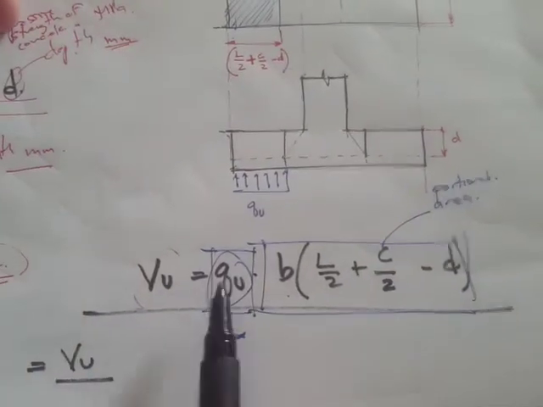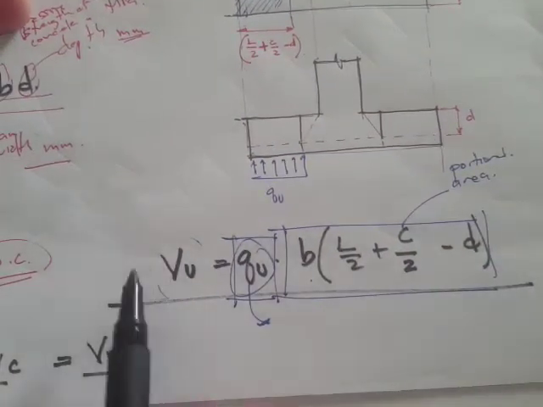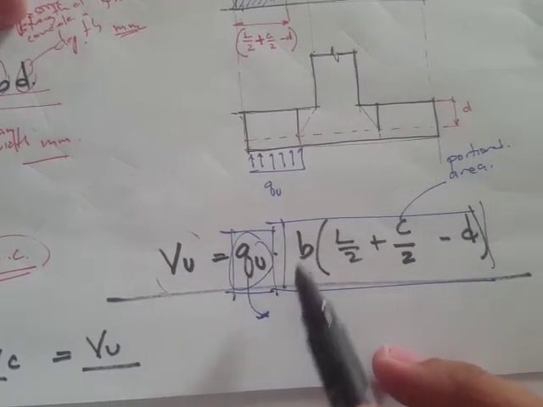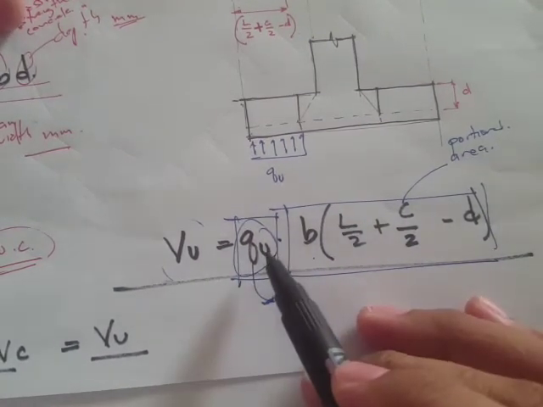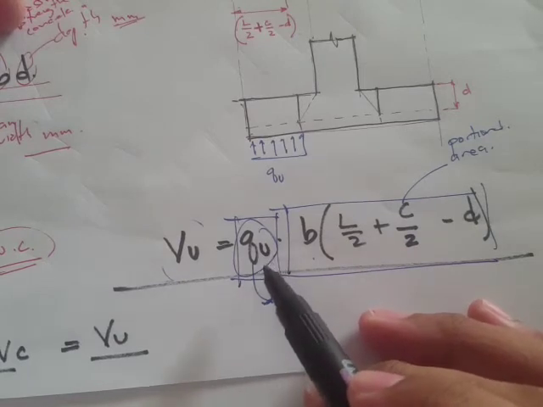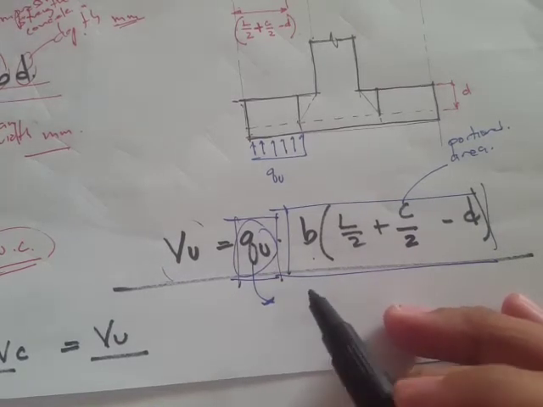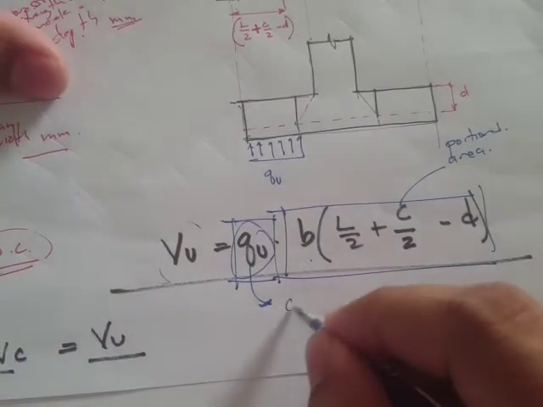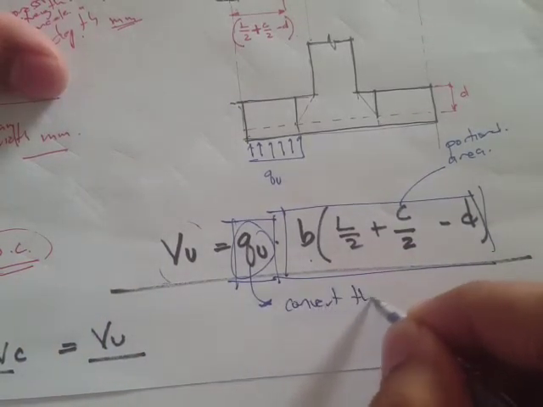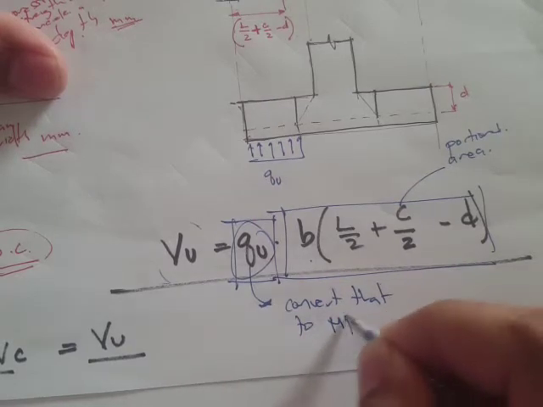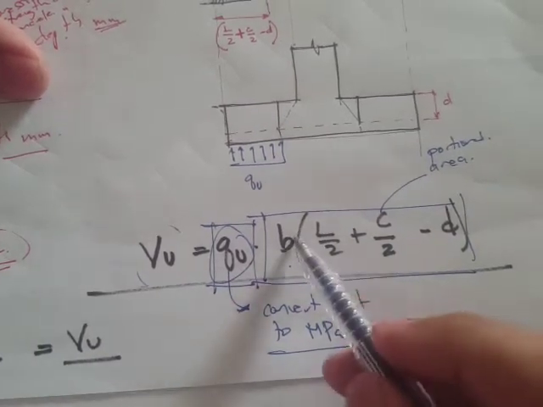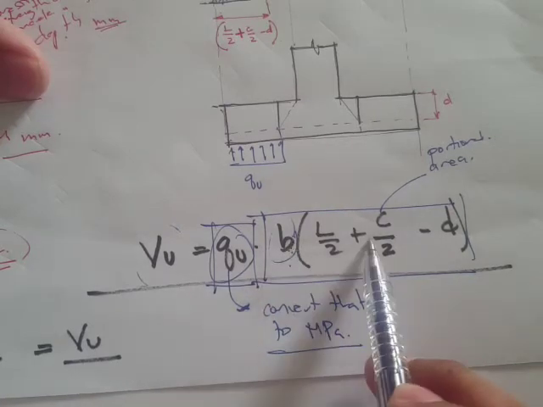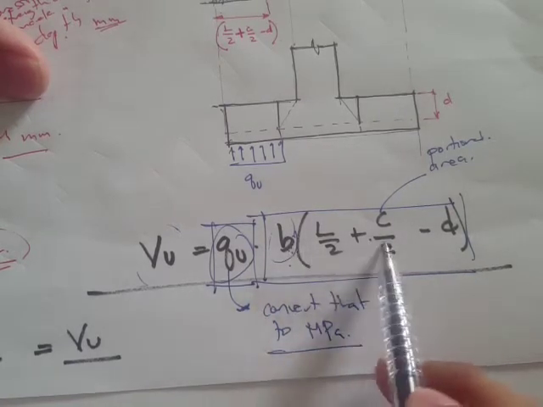Okay, so on the right side, we have this q sub U. This is the factored soil pressure. Since at first you'll have the units in kPa, you have to convert that to megapascals, MPa, and this area should be in mm squared.